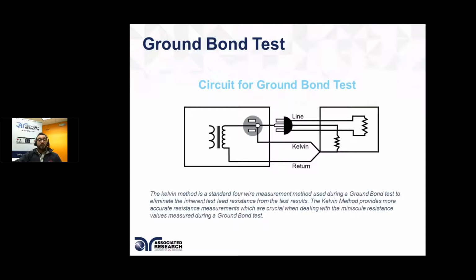And obviously we know that current always likes to take the path of least resistance, which means that the resistance of the ground circuit or the ground wire should be very small. If you look at the test standards, any UL, EN, or IEC standards, and if there's a ground bond test requirement in the standard, you will see that most of the test standards are asking for the ground resistance to be less than 100 milliohms or 0.1 ohms.